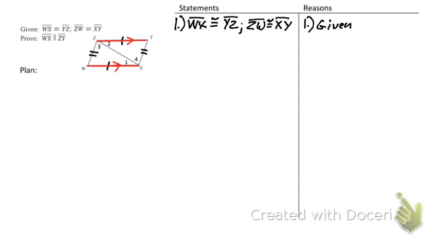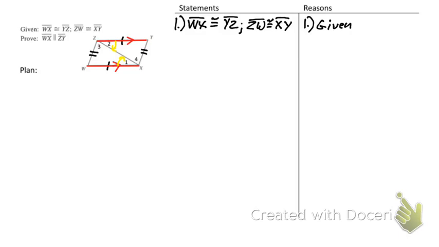Angle 2 and angle 1 would be alternate interior angles. Do we all see that? If I could just prove those two things are congruent, I can say these are parallel by that alternate interior angle converse.